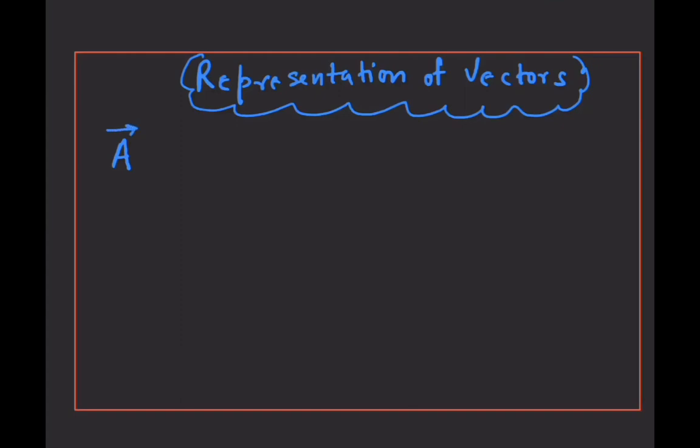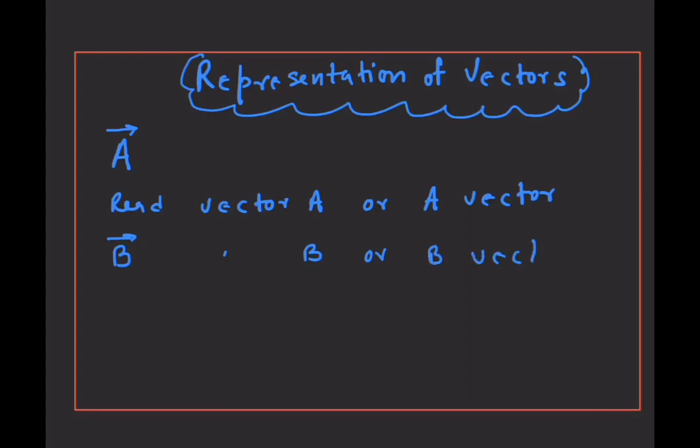So this is the representation of vector, and we can read this as vector A or A vector. Whenever we write like this, this is vector B or B vector.